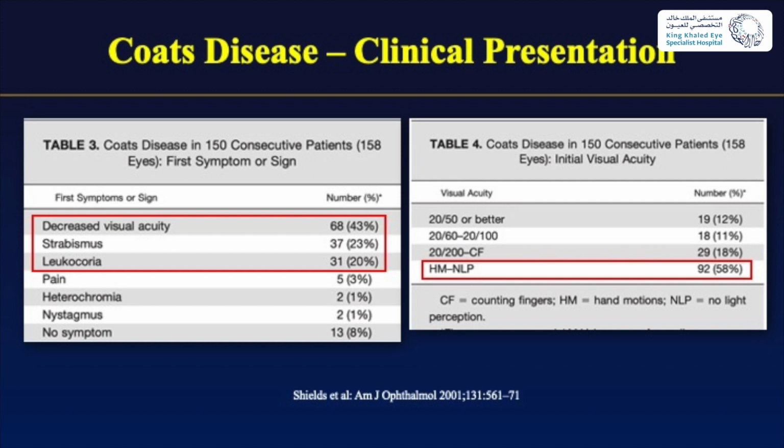And the most common presenting visual acuity was hand motion to no light perception in 58% of the patients, whereas 42% presented with counting fingers vision or better.